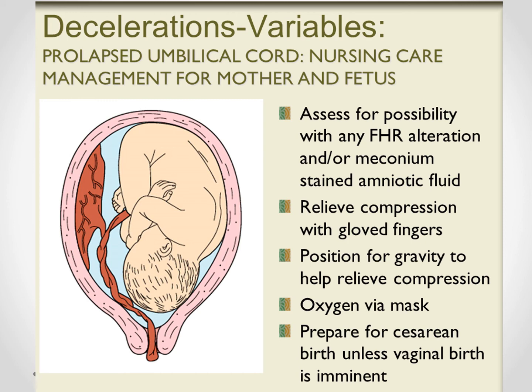So our first action is not to determine, well, gee, I don't know, did they break their water or not? That's not emergency. We have time for that. First emergent intervention is to determine the fetal heart rate. We need to get a pattern on that kid, so we need to hook them up to the monitor. That's why we ask them to come to the hospital as soon as their water breaks.